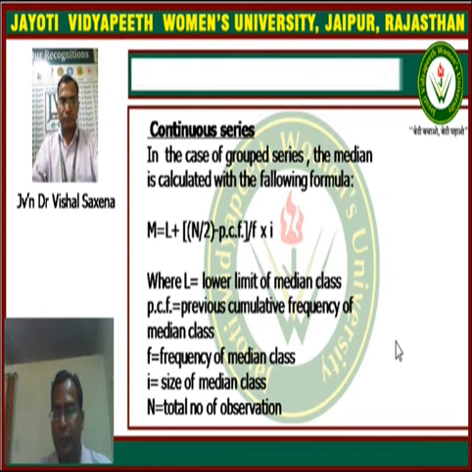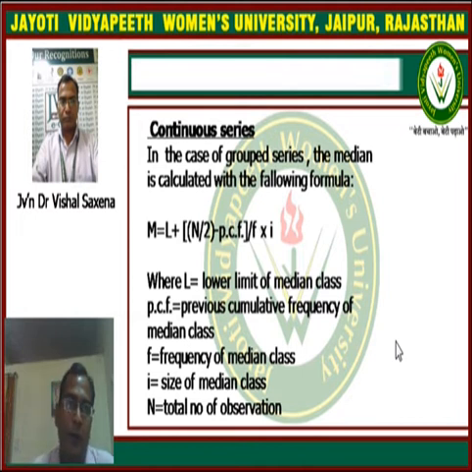Now we find the median for the continuous series. In the case of group series, the median is calculated with the following formula. Median is equal to L plus n upon 2 minus PCF upon f into i. Where L means the lower limit of the median class, and PCF means the previous cumulative frequency of the median class.